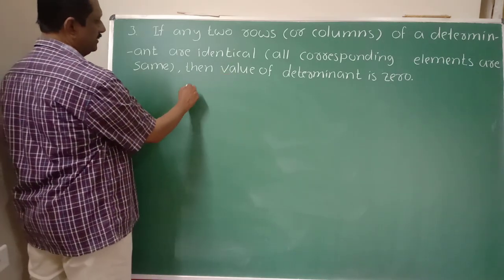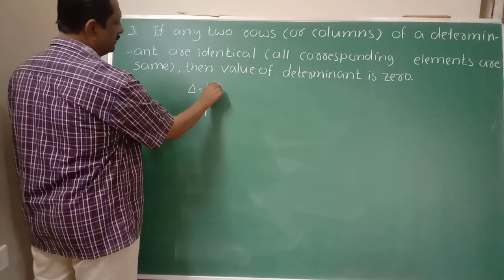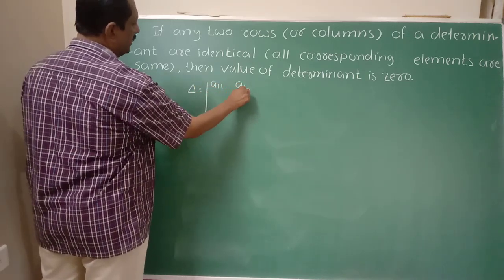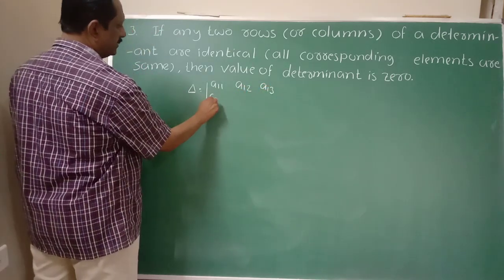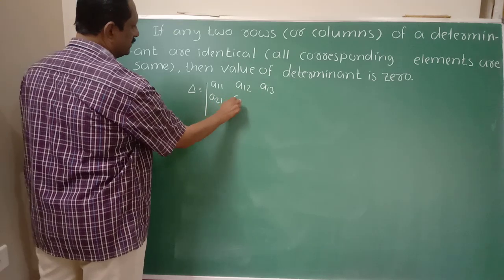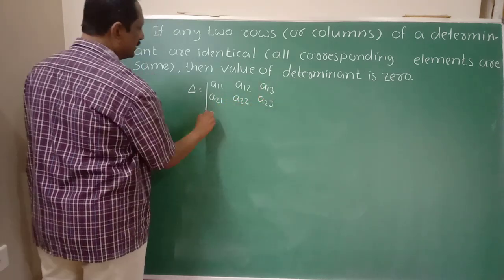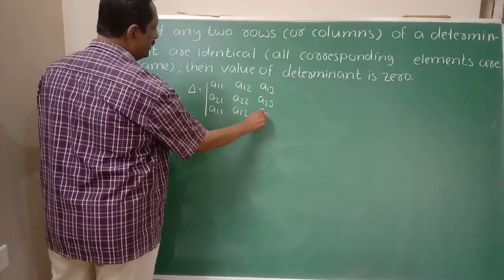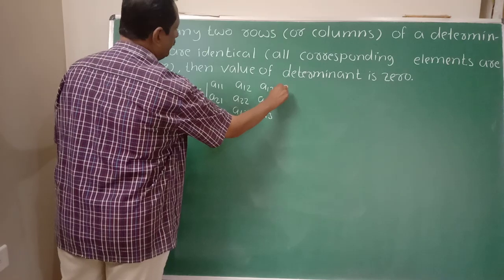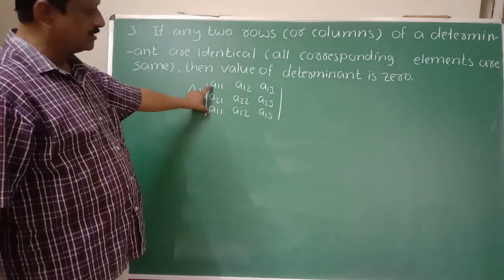Consider one determinant here. So A11, A12, A13. Then A21, A22, A23. Then A11, A12, A13. Okay, here first and third rows are identical.